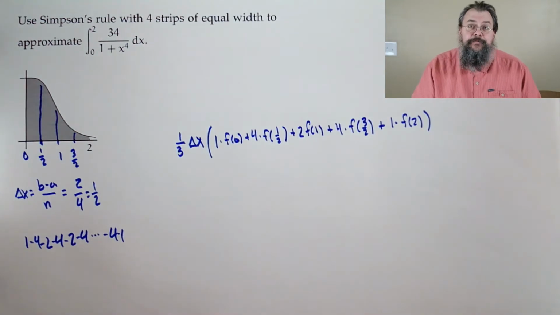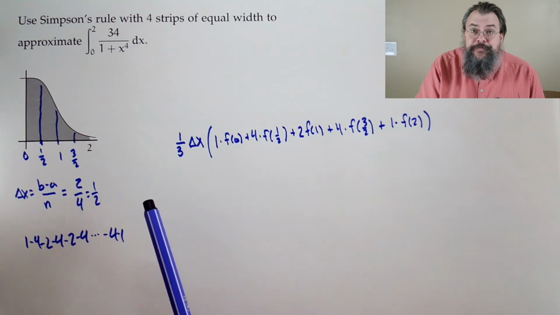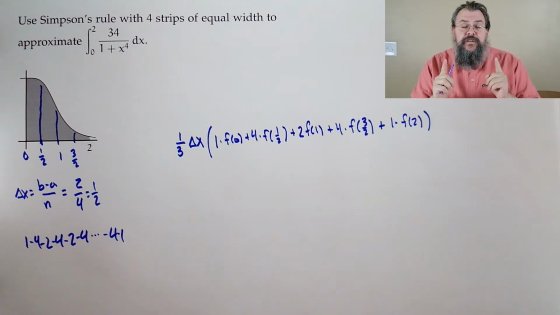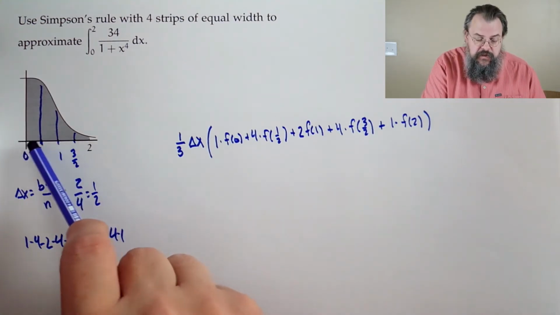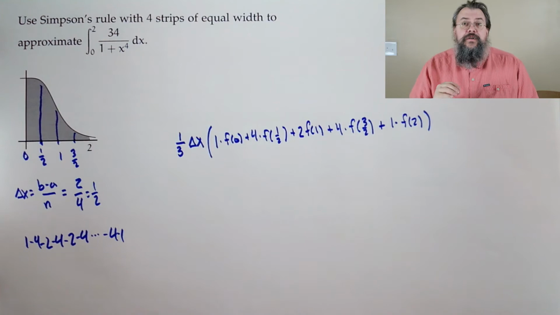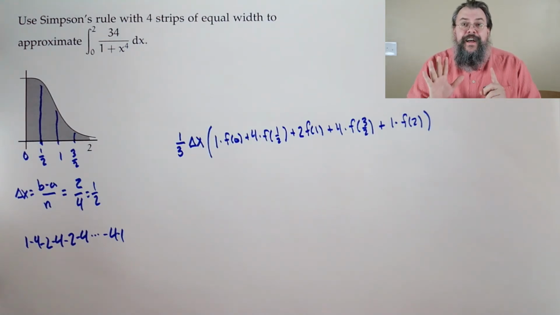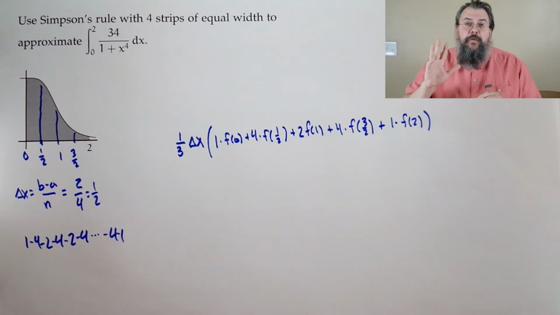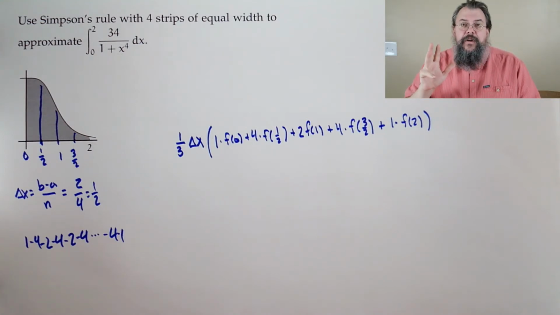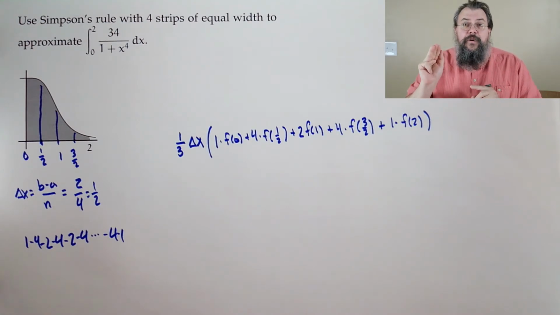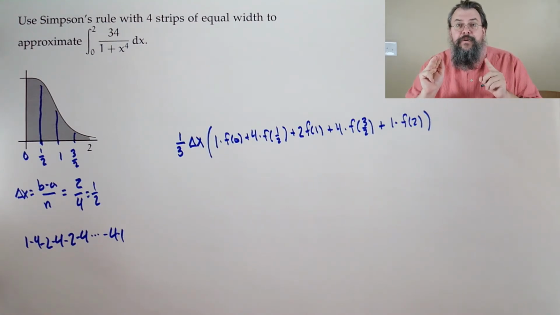That's the important pattern. Now, the other thing you might ask is, where's that third coming from? When we think about 2 consecutive intervals, we're going to use 6 points of data. The way it works is we use 1 point for the left-hand side, 4 points for the middle, and 1 point for the right-hand side.